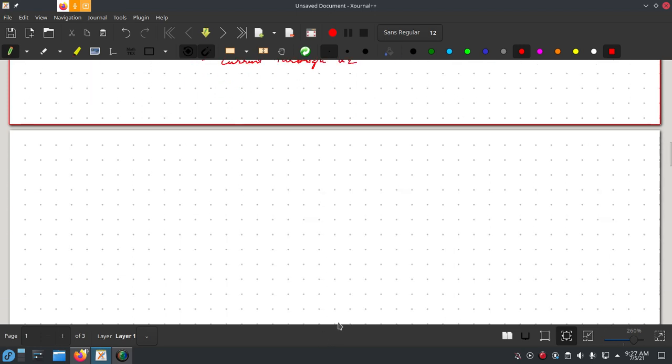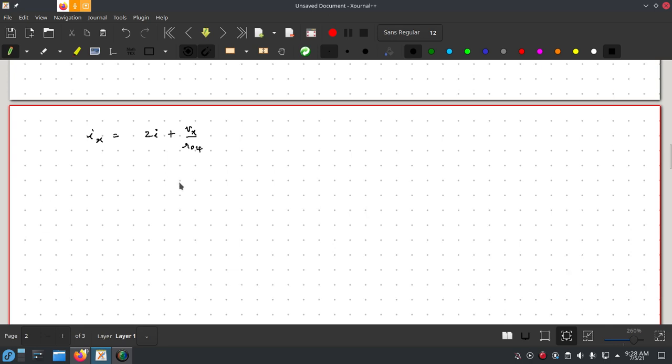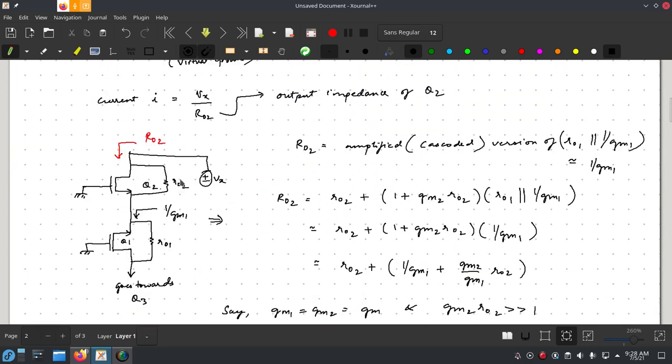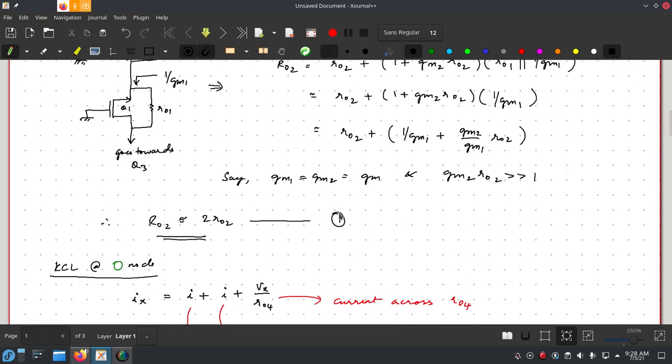So write it here: Ix is equal to 2I plus Vx by r04. I we have established earlier, which I'll call equation 1, and this equation 2.